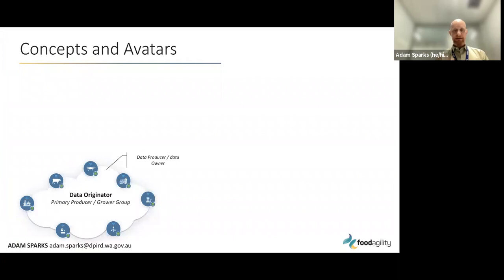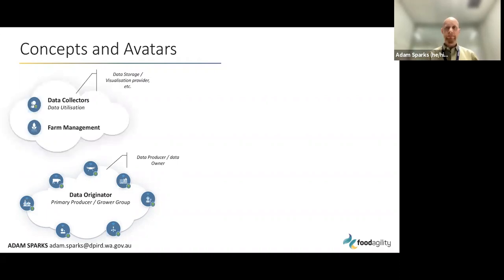So when I talk about these ideas of data originators and whatnot, a data originator is a farmer or a grower group, cooperative or industrial professional that acts on behalf of a collective of farmers, like EZI, the Esperance Zone Innovation Group. Data collector, this is where somebody like Wes Lawrence comes in, who's an ag service data provider.